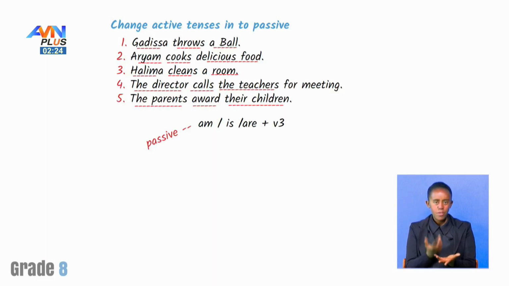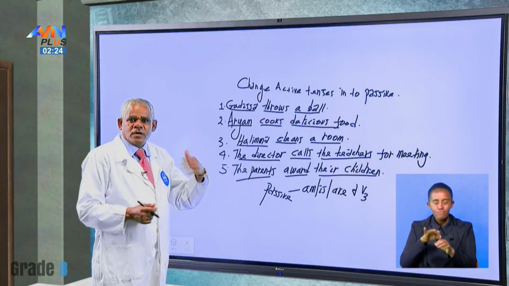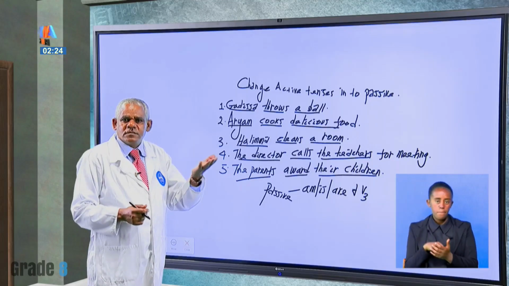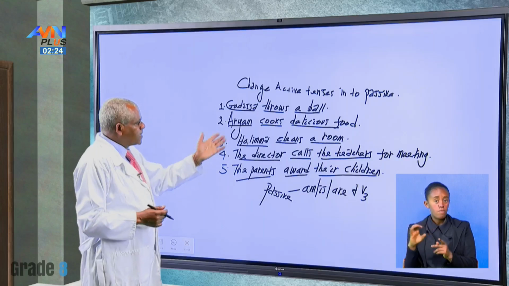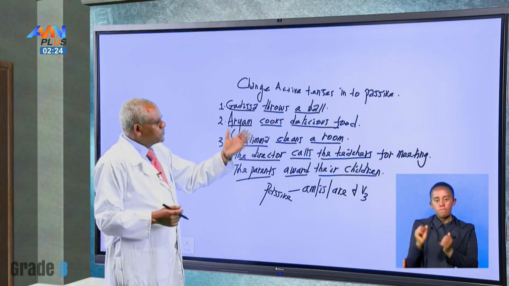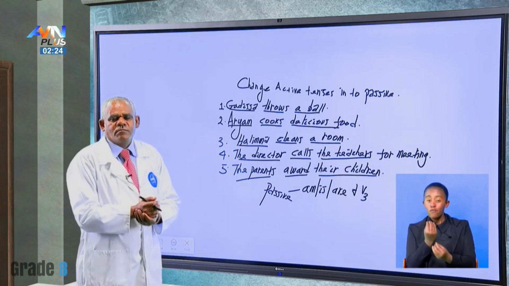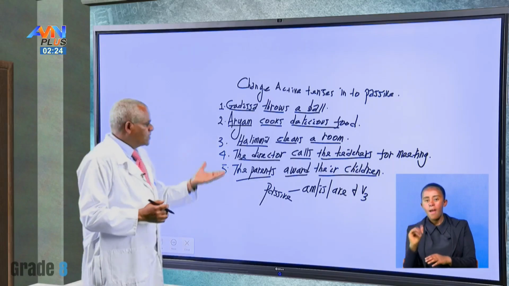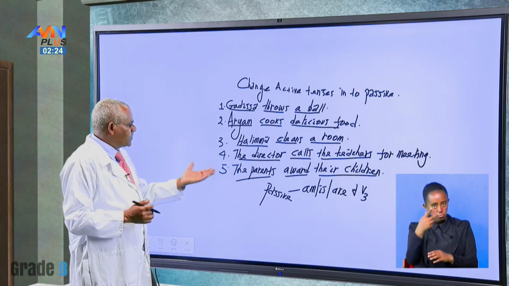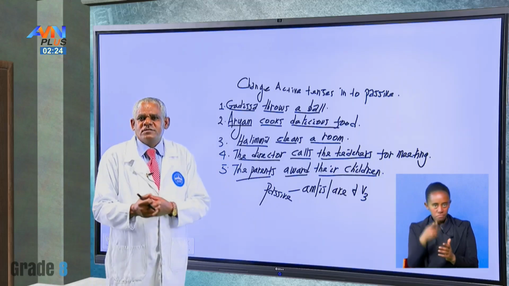Who cooks delicious food? Aryam. That's why we are talking about the present active form. Whereas in the passive form, delicious food is cooked by whom? By Aryam. Hopefully you will do the rest of the questions 3, 4, 5 and discuss with friends.